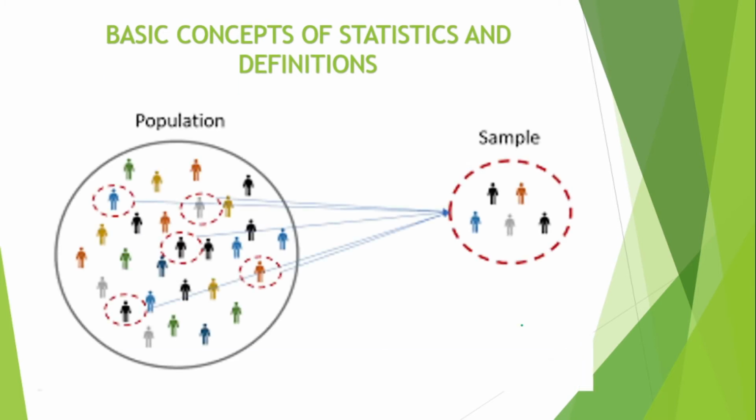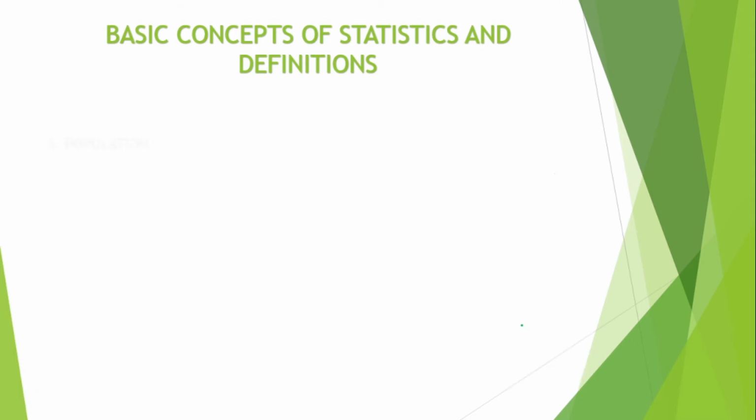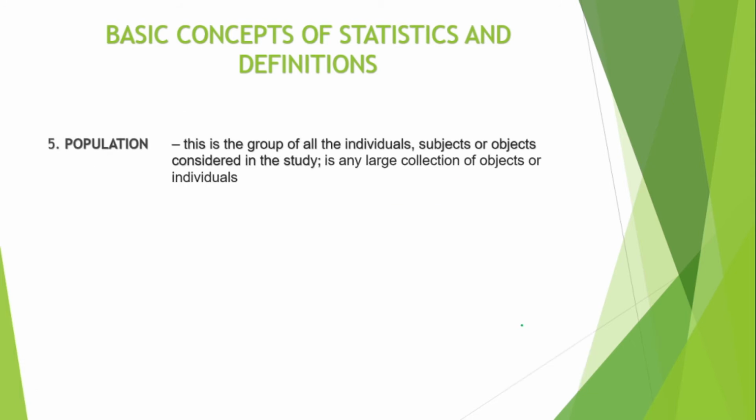And let us first define what population and sample are. When we say population, this is the group of all the individuals, subjects, or objects considered in the study.